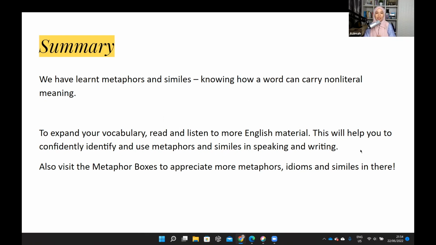And don't forget, I've given you the link to what we call the metaphor boxes in the Macmillan English Dictionary online, so that you can appreciate more metaphors, idioms, and similes in there. So I hope this class has been fruitful for you, and I hope it's inspired you to explore more.